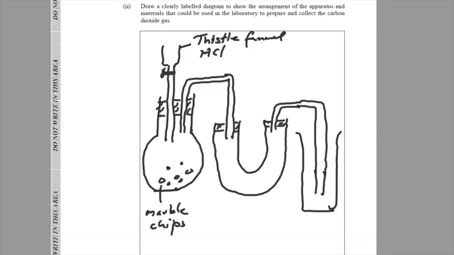All right. So in this U-tube, we would have anhydrous calcium chloride, CaCl2. That's our drying agent for the CO2, because we don't want to use calcium oxide, which would react with the CO2. So this is our CO2. This is our gas jar.